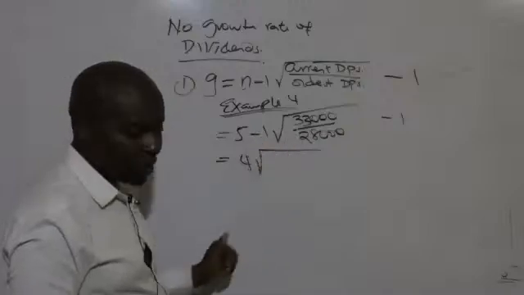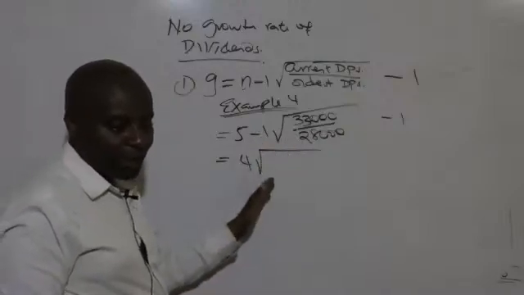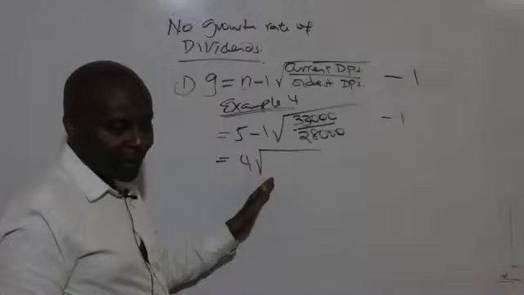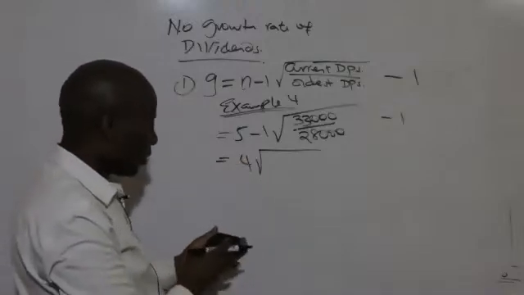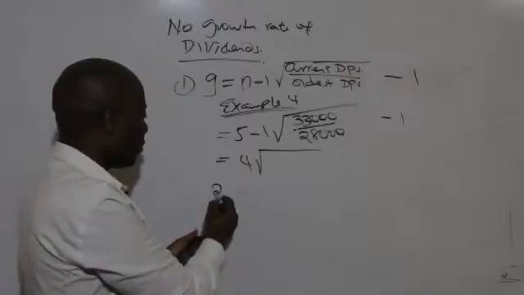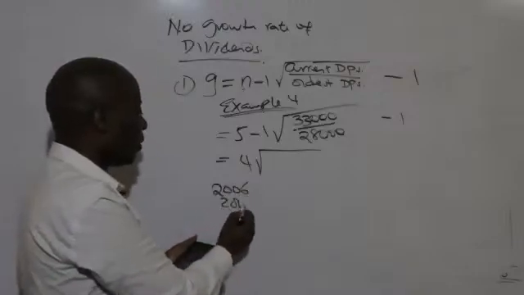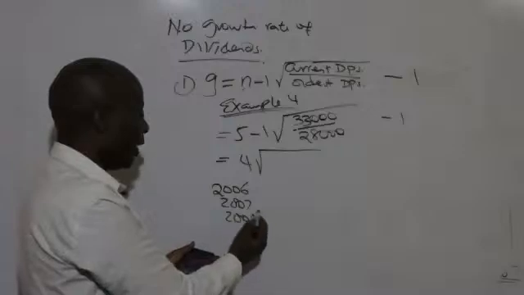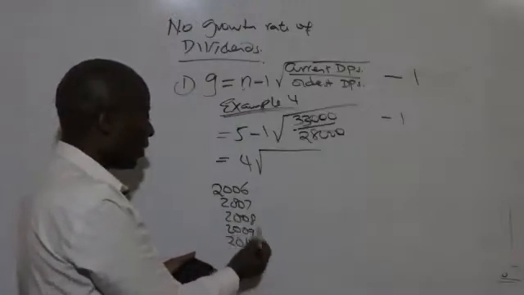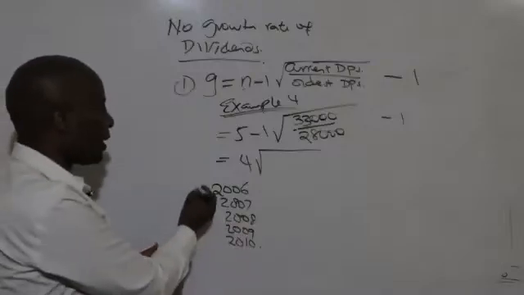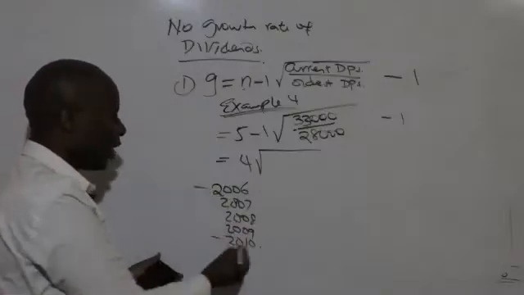Somebody give me this answer. Why less 1? It's because, ladies and gentlemen, you see we have 2006, 2007, 2008, 2009, 2010. They want the difference in terms of timing from here to here.